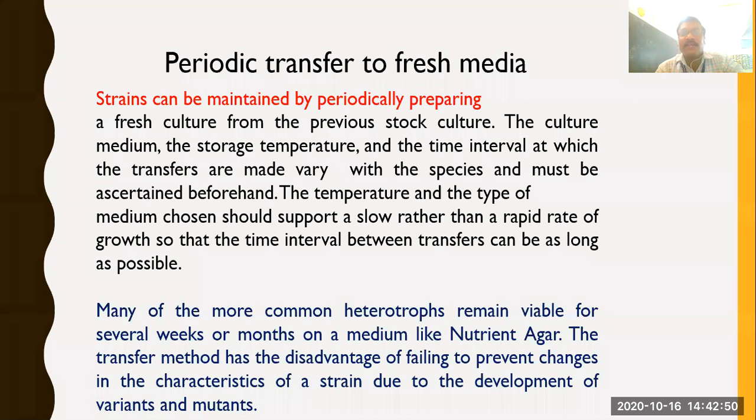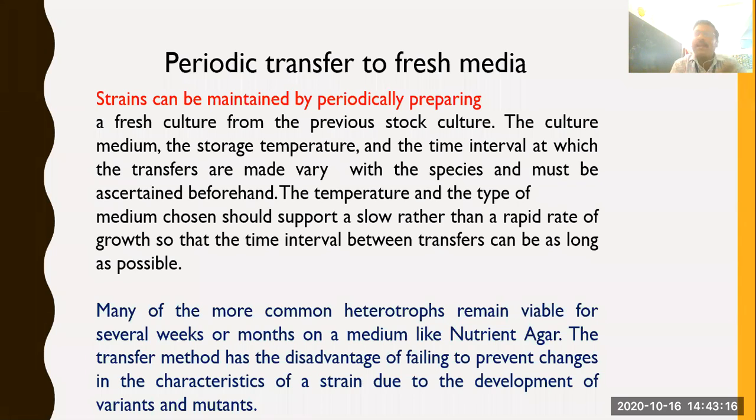Now, the fresh culture from the previous stock cultures, the culture medium, the storage temperature, as well as the time interval at which the transfers are made can vary with the species. Some bacterial species require 8 days, some microorganisms require 15 days, some require 20 days.